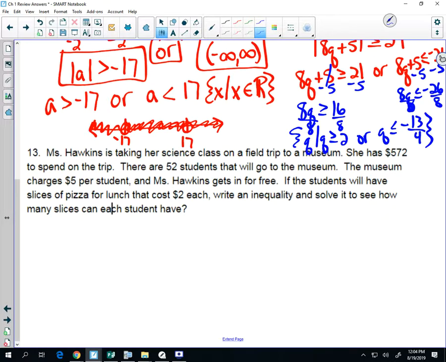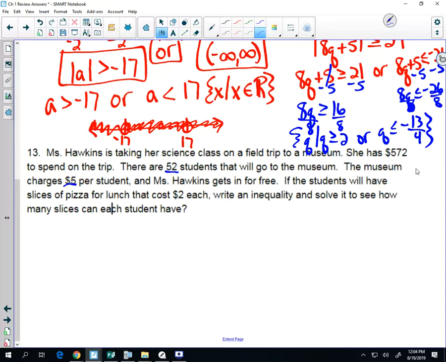Okay, this one, there's a lot of information here, right? And so it's kind of up to you on how you put it here. But to me, the total amount she has to spend is the 572. So that's kind of what I think about on one side, but you could totally do it another way. So she has 52 students times $5 each to get in, right?